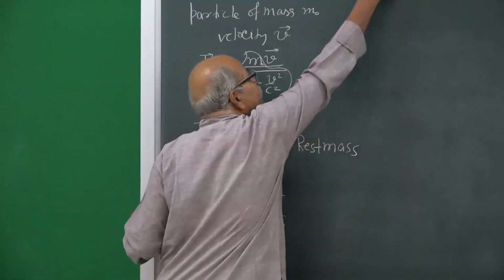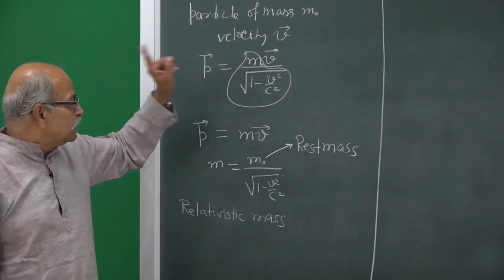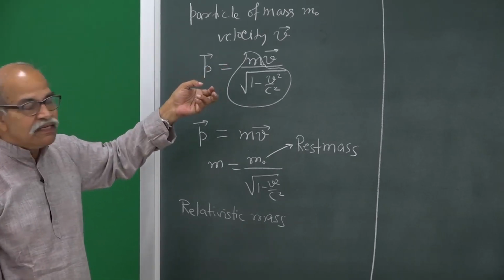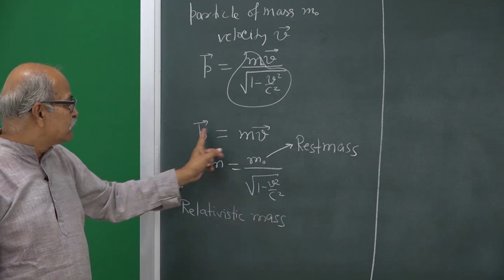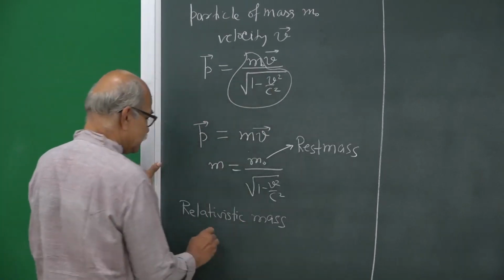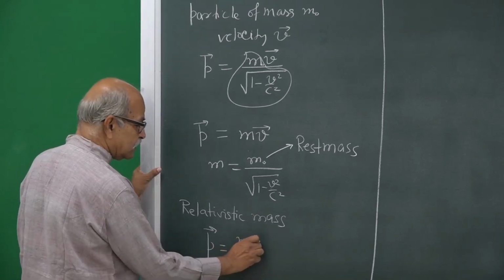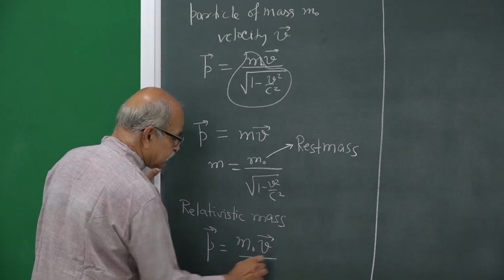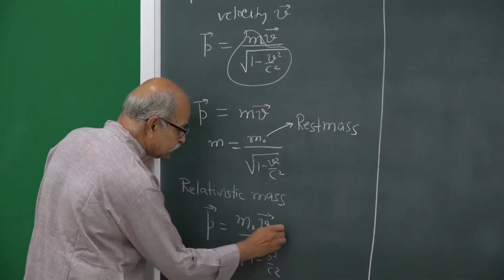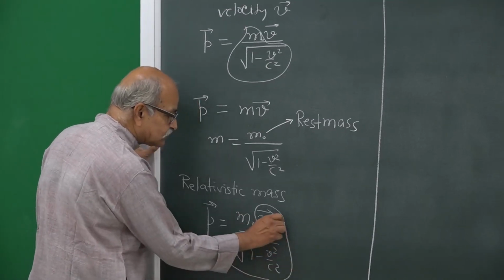So, this is one way. Another way, we can still work with only one mass, which is the intrinsic property of that particle, and then we can still preserve this if we say that in this equation P is equal to mass of the particle times velocity divided by square root of 1 minus v square by c square, and this quantity we rename.